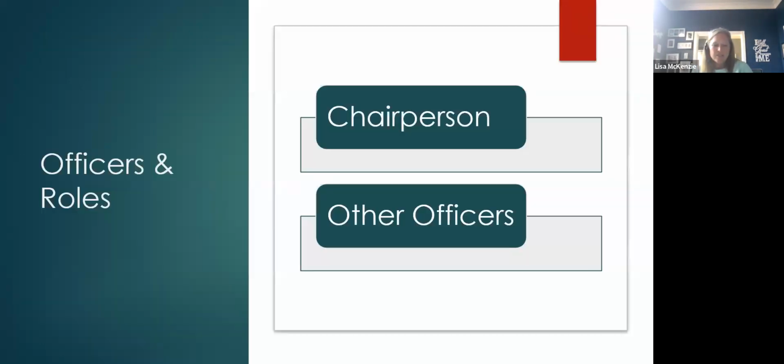Awesome. So now let's talk about officers and roles. And this is where you're going to need to dig into your bylaws, because every council, every center's advisory council will have different officers. All our councils have chairpersons, and this is somebody you're going to work closely with as a coordinator.